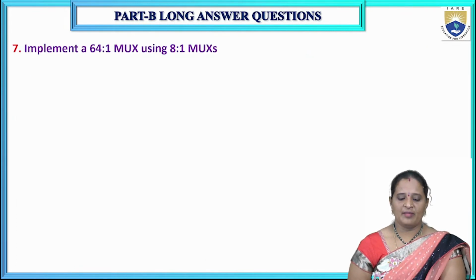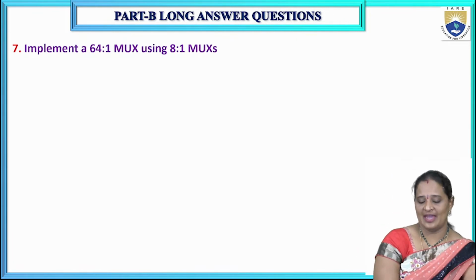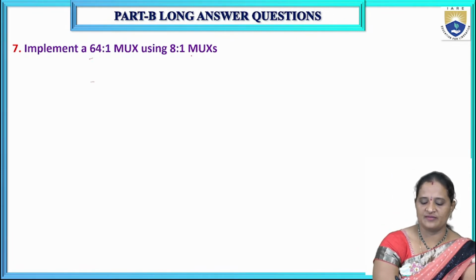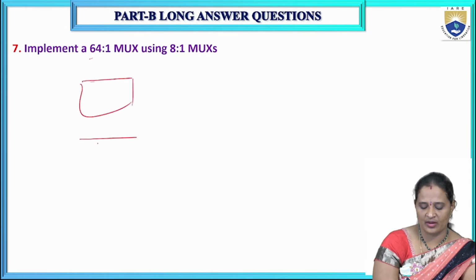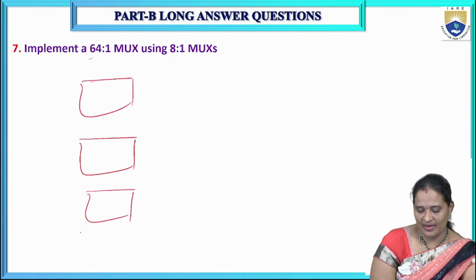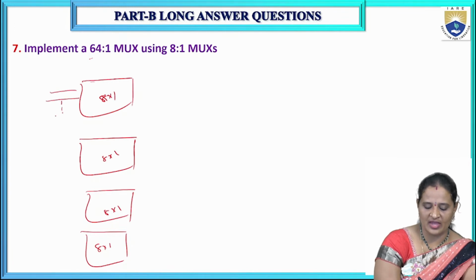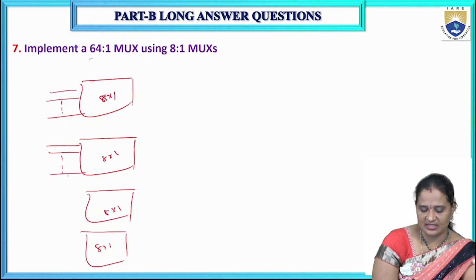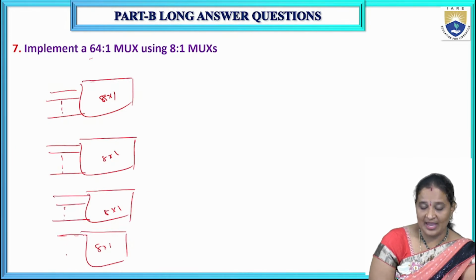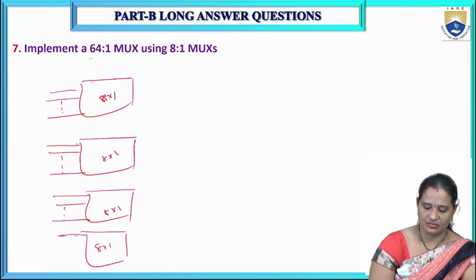Now implement 64 by 1 mux using 8 by 1 mux. For implementing 64 by 1, how many 8 by 1 mux do we require? Every mux has 8 inputs, so 8 into 4 is only 32, right?